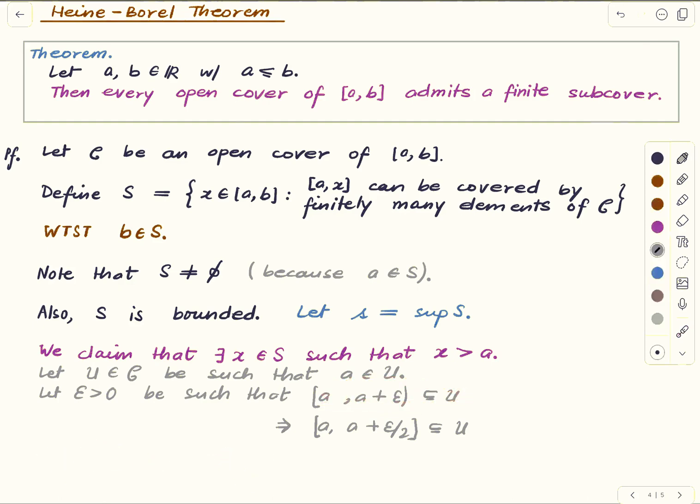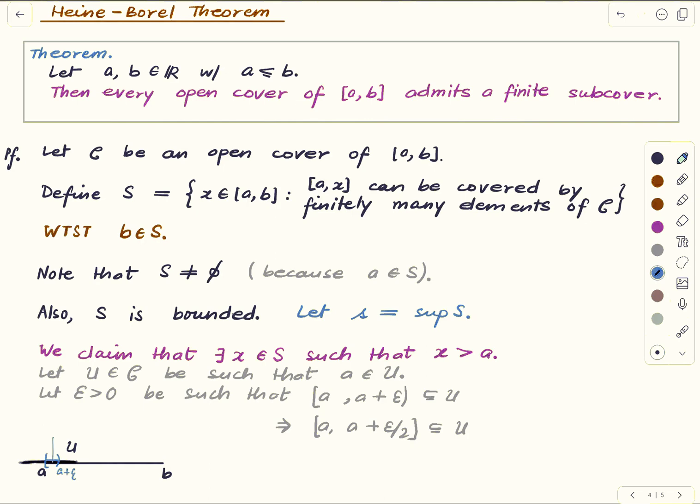So to do this diagram more justice, this is A, that is B, and let's say this much is U, some open set which looks like an open interval in my drawing, but it doesn't have to be. So that is U, and there is some semi-open interval contained in U. In fact, there is an open interval around A that is contained in U, but we are content with the semi-open interval. And this is A plus epsilon.